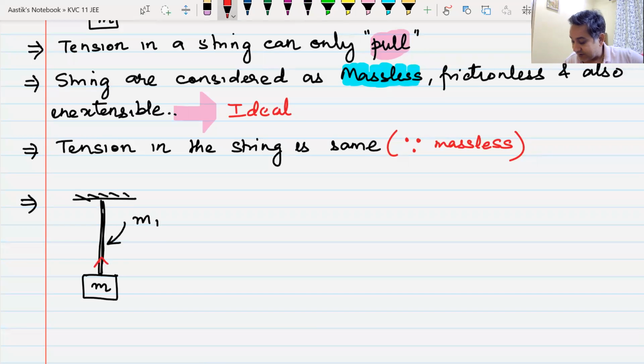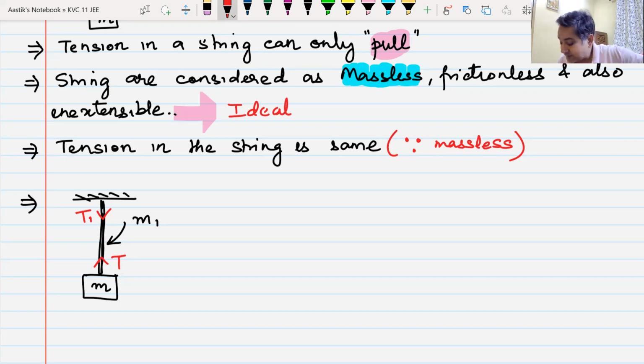If I say that the tension at this point is T, will the tension be the same on the upper part of the string? The tension at the upper part of the string is not going to be the same. It will be different. Why has it become different?